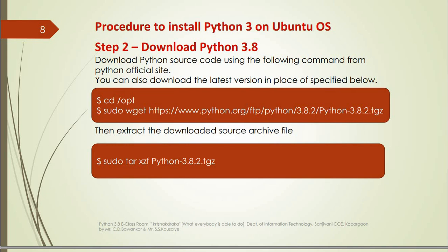After that, sudo wget https://www.python.org/ftp/python/3.8.2/Python-3.8.2.tgz. Then extract the downloaded source file by using the command sudo tar xzf Python-3.8.2.tgz.